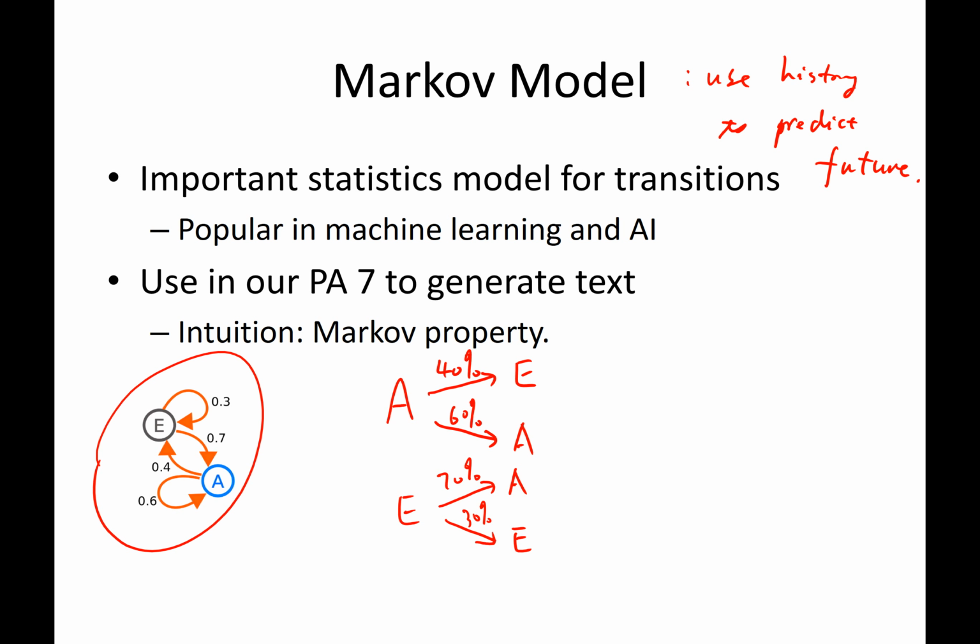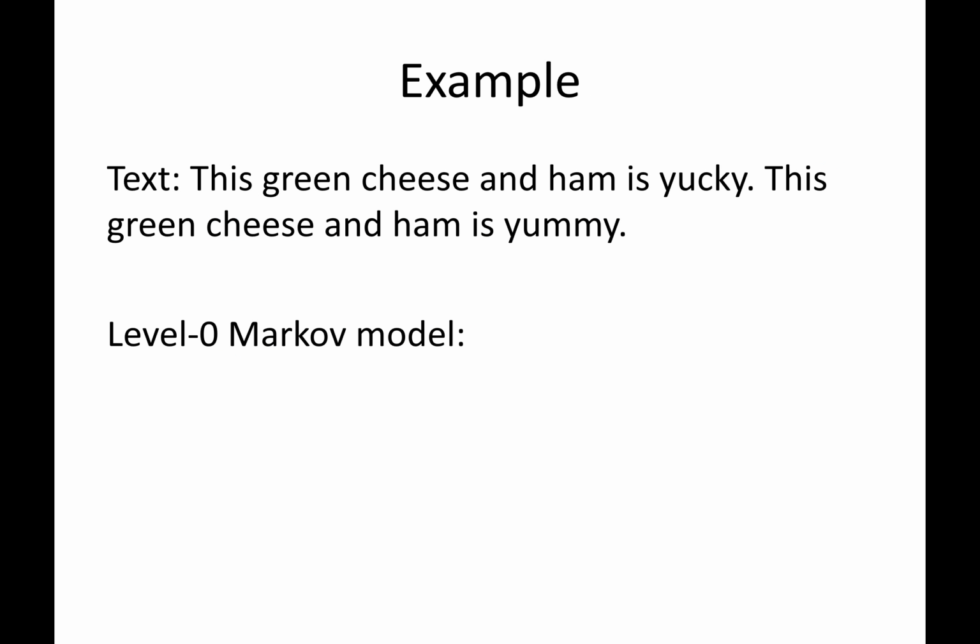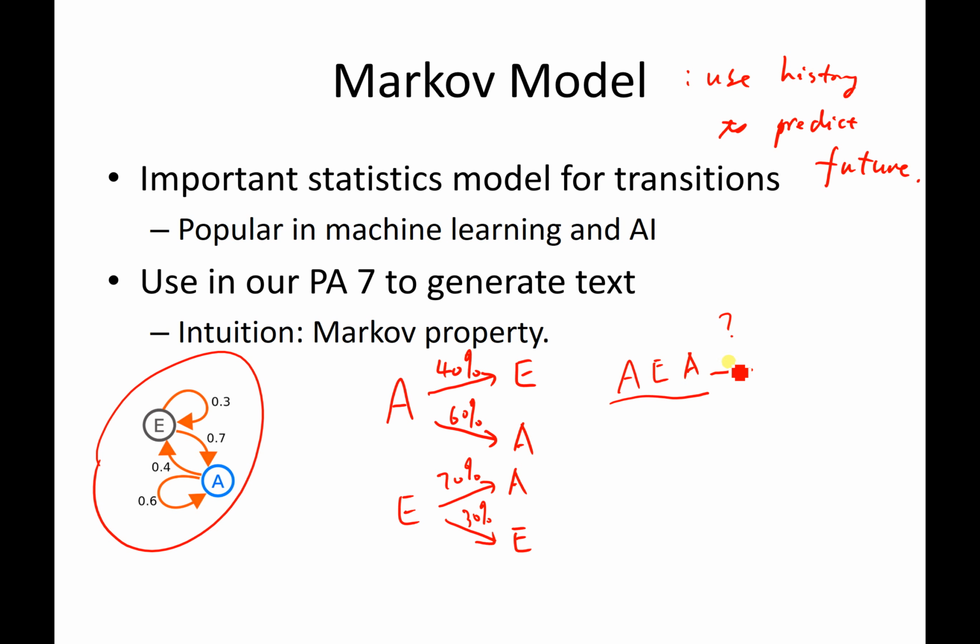What does this imply? For example, if I'm generating letters A and E, and I want to figure out the next letter. Right now the model says you're in state A. The chance to go to A is 60%, and the chance to go to E is 40%. So you generate a random value between 0 and 1.